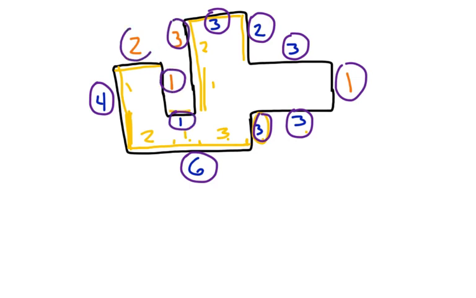My figure has 1, 2, 3, 4, 5, 6, 7, 8, 9, 10, 11, 12 sides. So I better be adding up 12 numbers to get my perimeter. This is a pretty complicated figure, but we found them all. Let's make sure I have 12 numbers in my circles. I have 1, 2, 3, 4, 5, 6, 7, 8, 9, 10, 11, 12 numbers in my circles, 12 sides of my diagram, so I just need to add all of those up to get the perimeter.